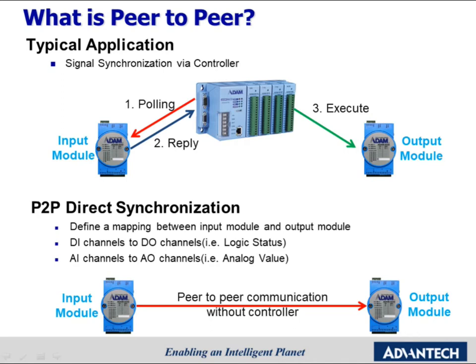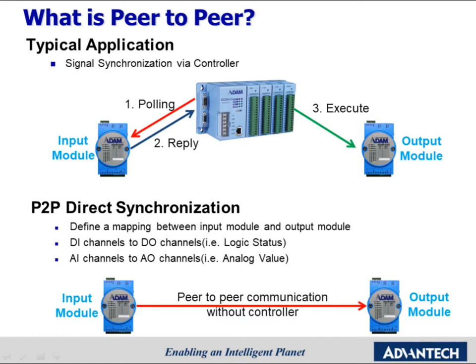So, when the input module, AI or DI, sends a signal, it can pass this signal to the output module, AO or DO, which can instantly control your device. By using the P2P function, it can realize direct synchronization for I/O status between input and output modules.